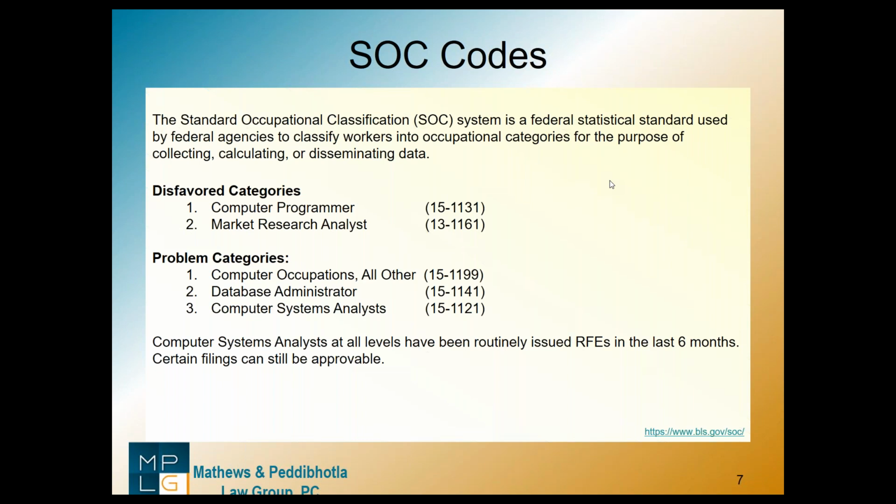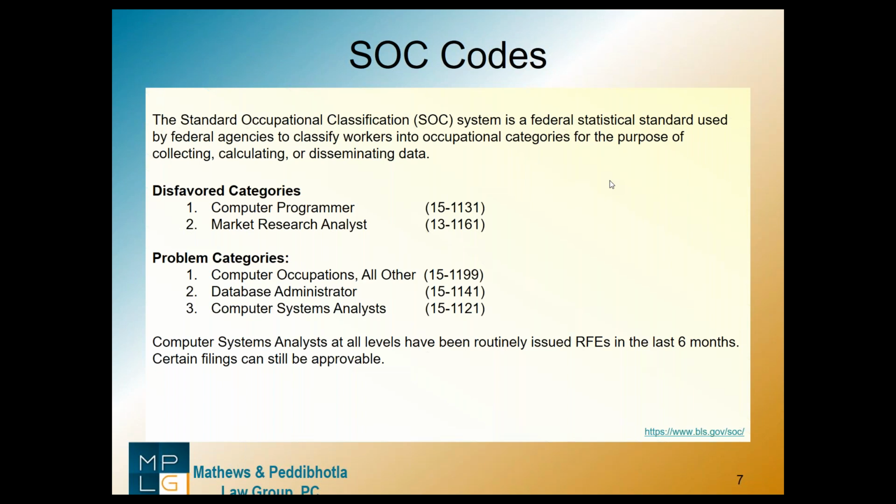Now, the next are the problem categories. We'll start with the one we're still comfortable filing in, which is computer systems analysts. It feels like a coin toss, regardless of what level you're filing, whether it's level 2 or level 4, they're issuing an RFE on it, but we're getting them approved.